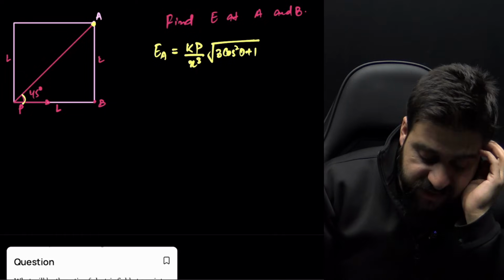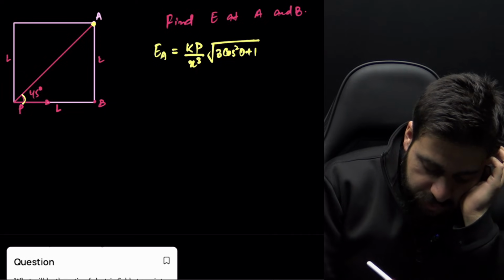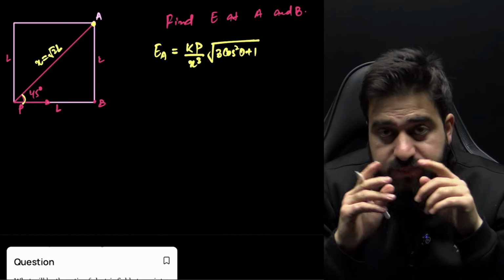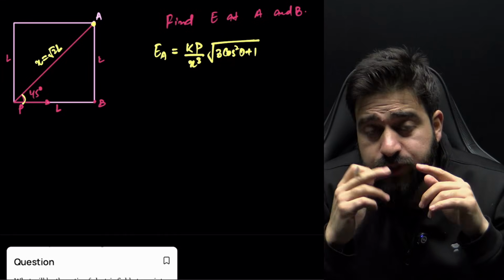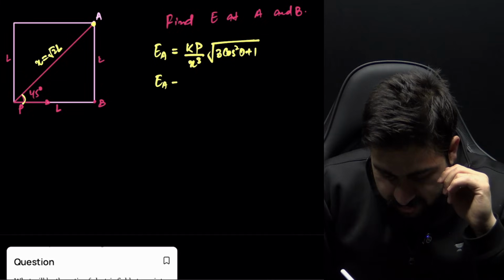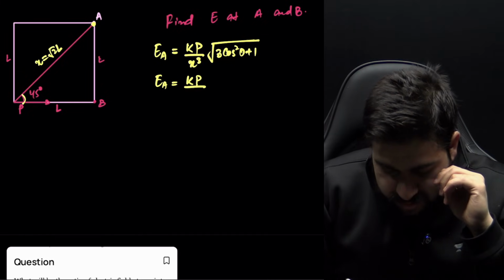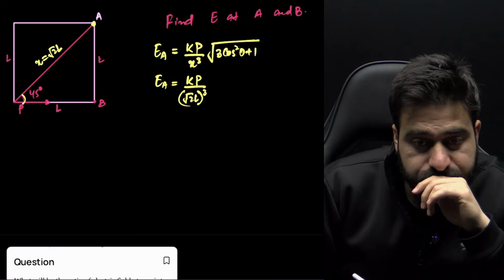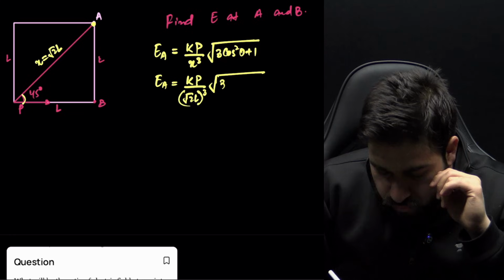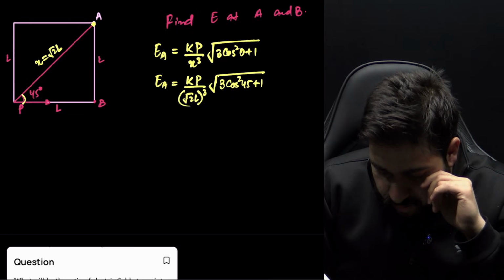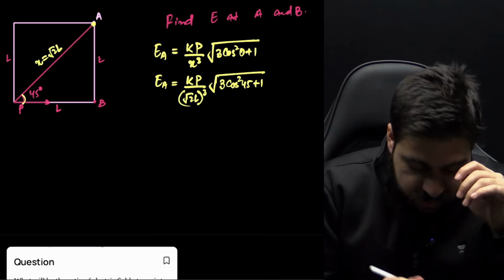And this x is the distance from the dipole to that point. So x will be equal to root 2 L, because if the side is L, the hypotenuse is going to be root 2 L. So the electric field at A will be Kp divided by (root 2 L) whole cube, then under root of 3 cos square 45 plus 1.